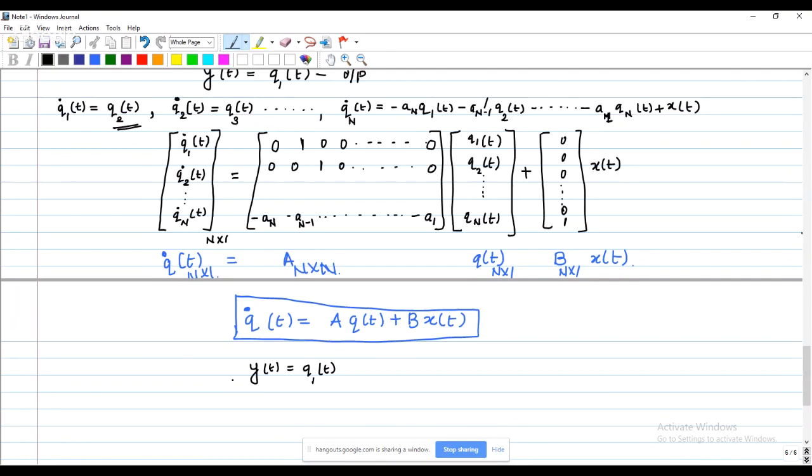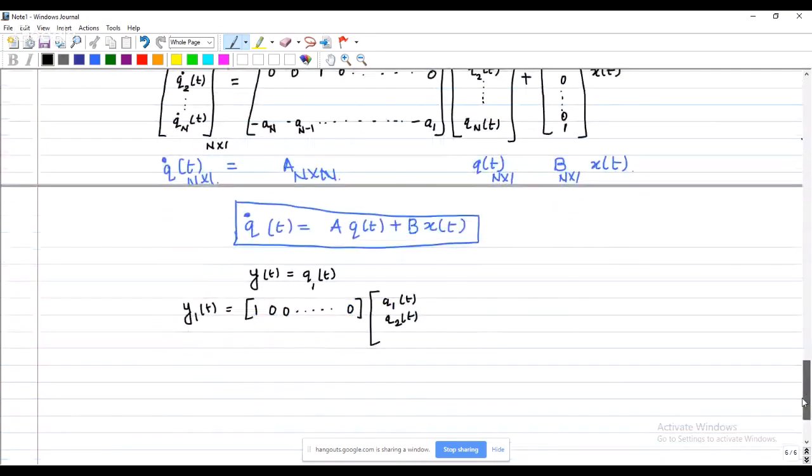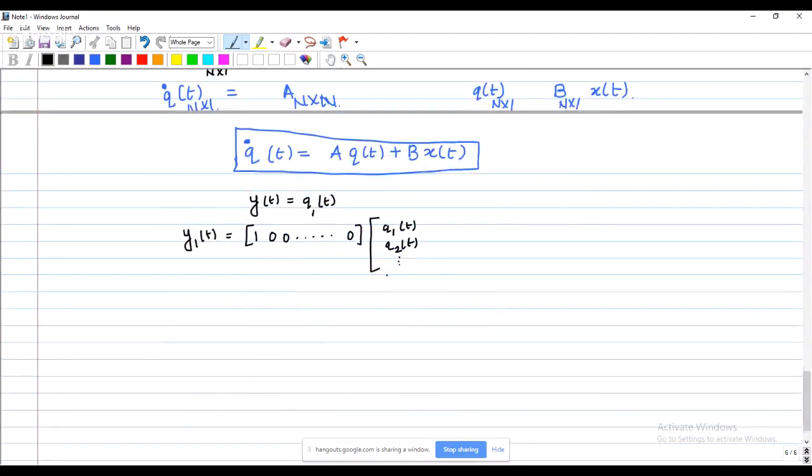So we can write this as y of t is equal to the row 1 0 0, all zeros, multiplied by the column q1 of t, q2 of t, and so on and so forth, up to qn of t.